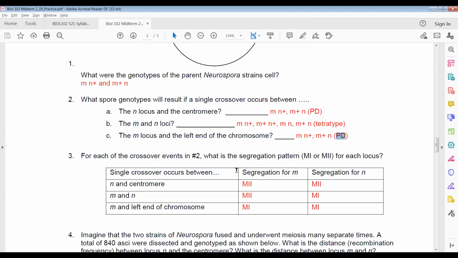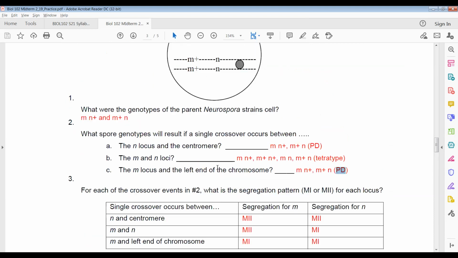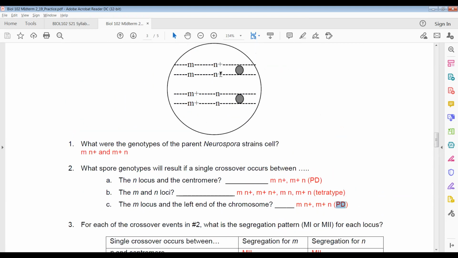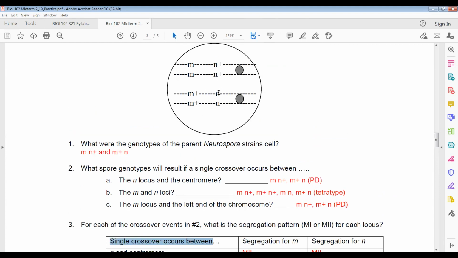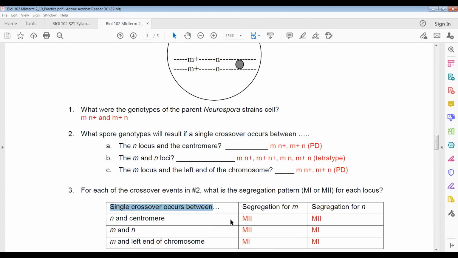All right. However, if we look at the relationship between single genes and the centromere, then that's different, right? So if a single crossover occurs between the centromere and N, then how do you specify the pattern?